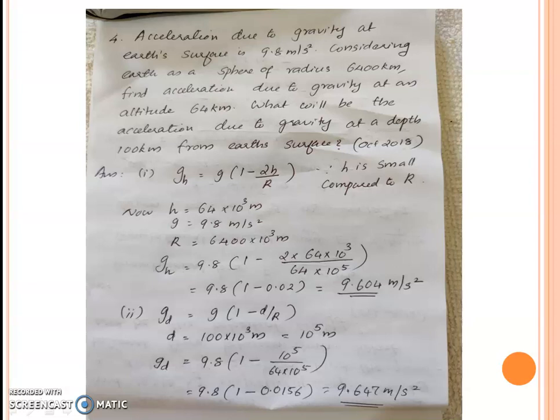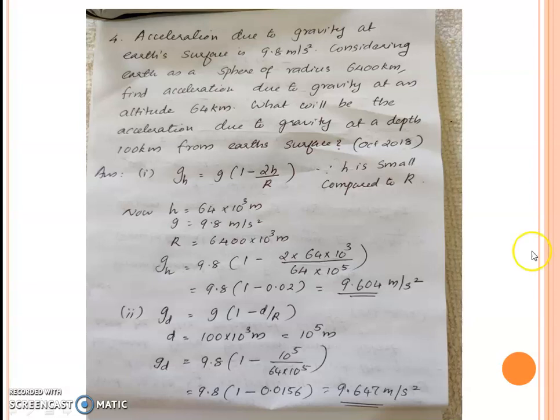Acceleration due to gravity at Earth's surface is 9.8 meter per second square. Considering Earth as a sphere of radius 6400 kilometer, find the acceleration due to gravity at an altitude of 64 kilometer. What will be the acceleration due to gravity at a depth of 100 kilometer from Earth's surface?